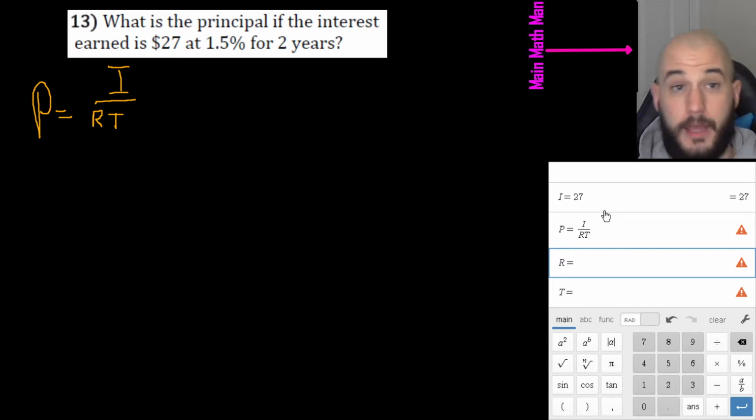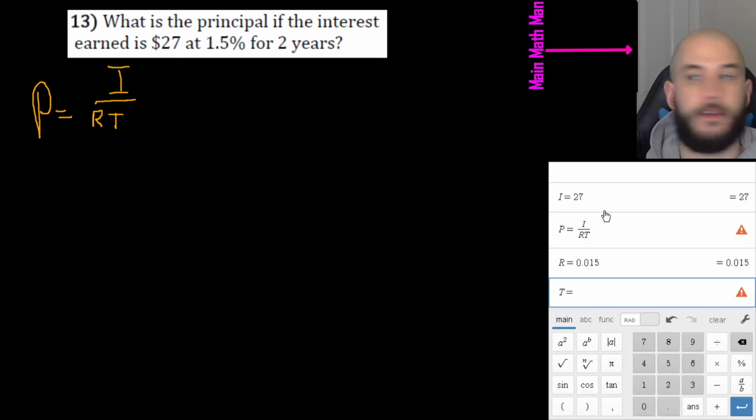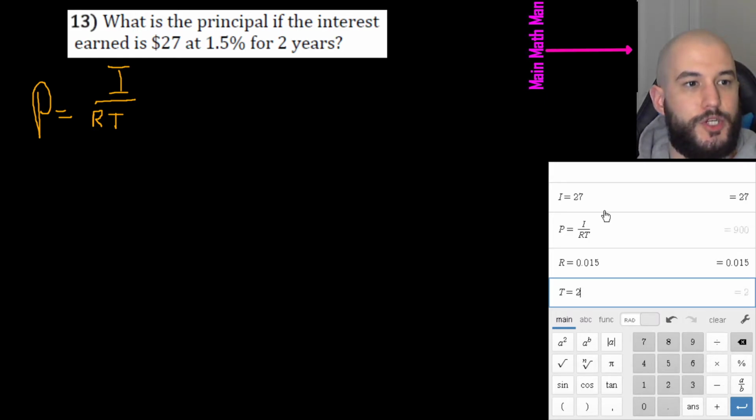Our rate as a decimal, be careful to switch that from a percent to a decimal by dividing by 100, and say you just type in your calculator 1.5 divided by 100. Again, that's going to be our 0.015, and our time is 2 years, so we'd say 2.